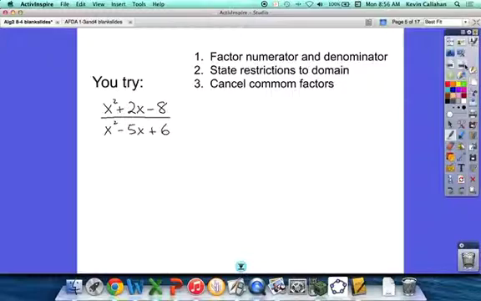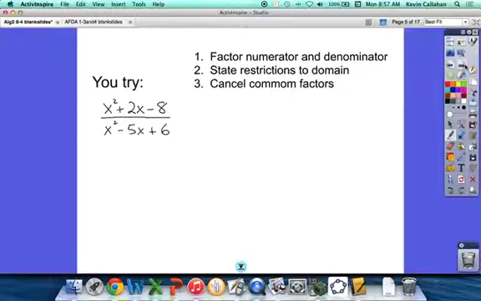If the 8 is negative and the 2 is positive, then it's plus 4 minus 2. Negative 4 plus 2 is negative 2. You might want to look at the signs there. Doesn't add up. Do you get it? Plus 4 minus 2. Good job.